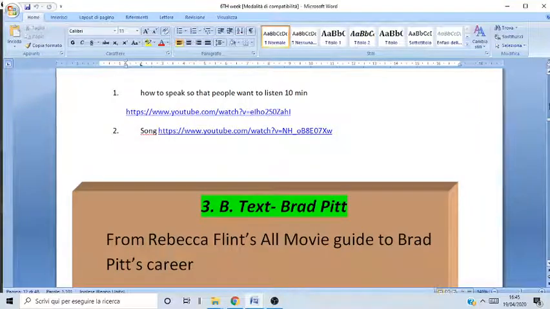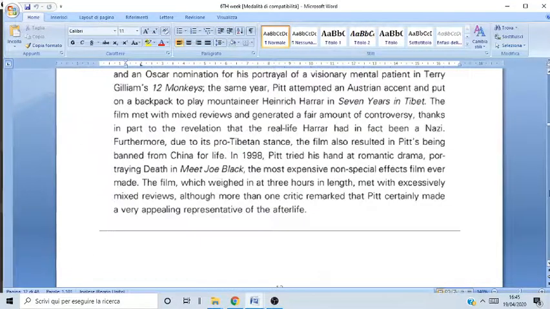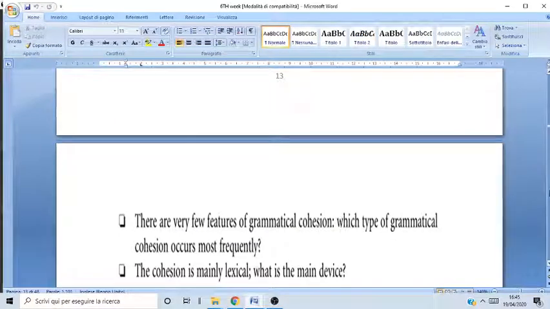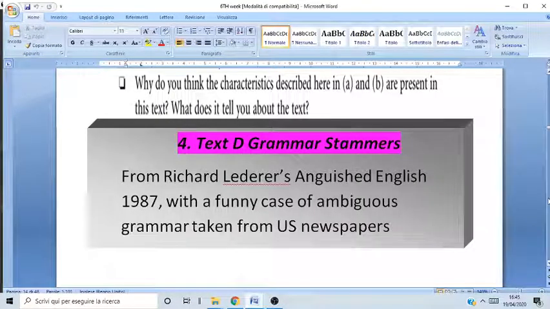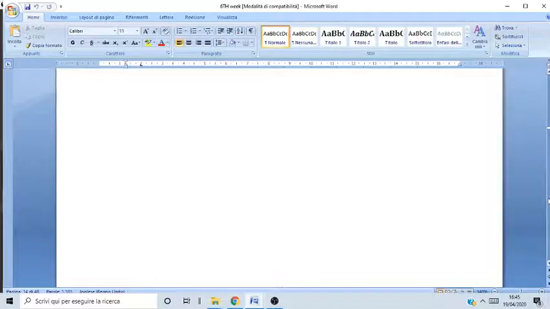Okay, so we started with Brad Pitt's text that you're going to do on your own. As you can see, they're all roughly 1 page long, more or less, with some exercises that can guide you through what you want to analyze, but you can analyze the text in general. Grammar stammers, we did this one in class about some ambiguities from newspapers.